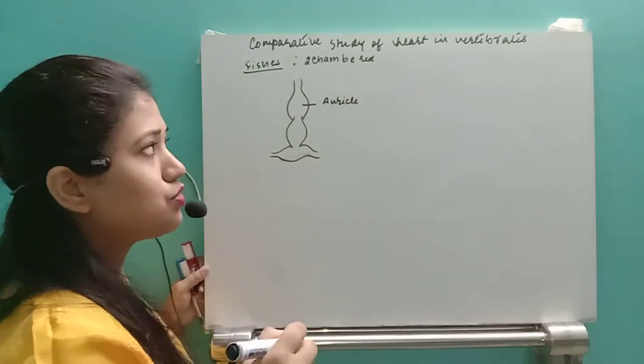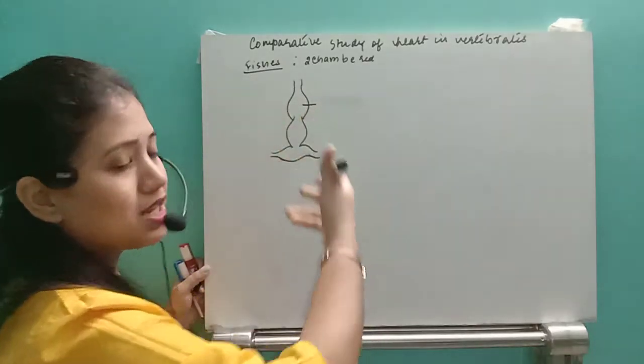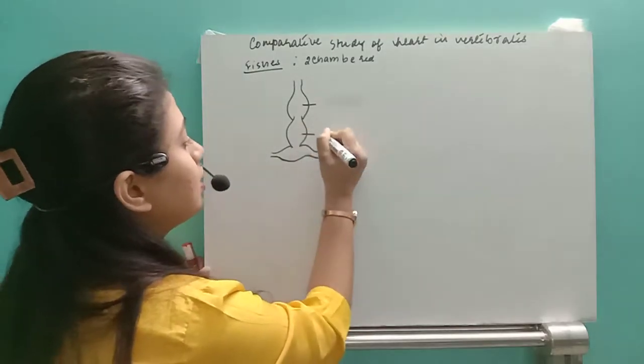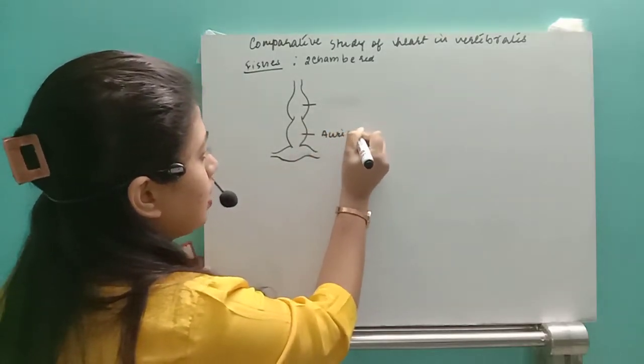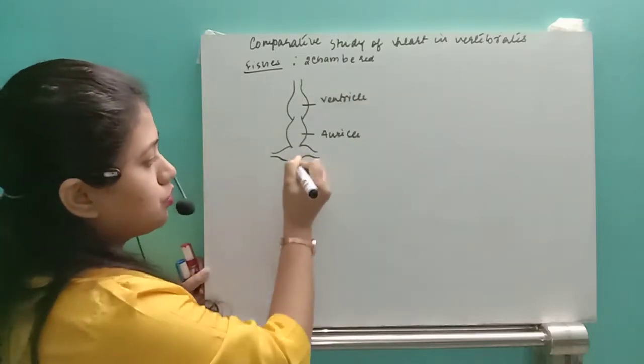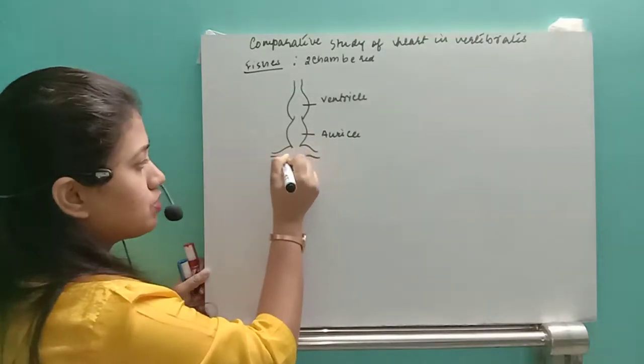Whenever you see the auricle and the ventricle, see here what is happening, the heart is twisted. Here you can see this is the auricle and this is the ventricle. These are the two primary chambers and these are the two secondary chambers.